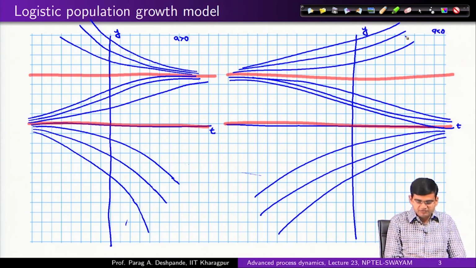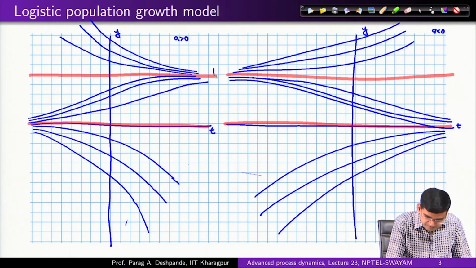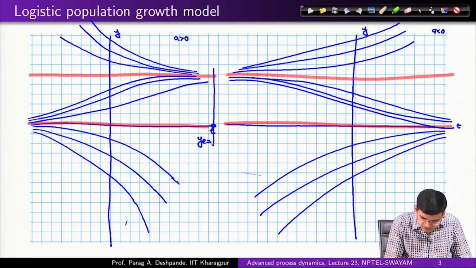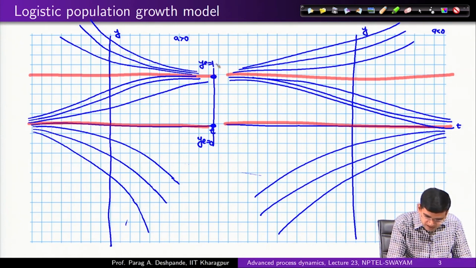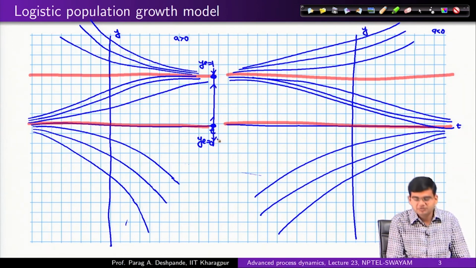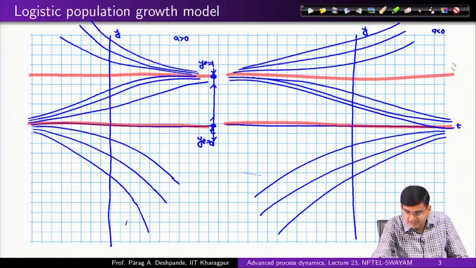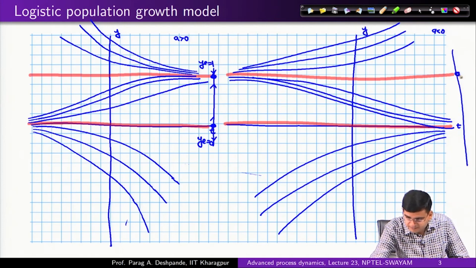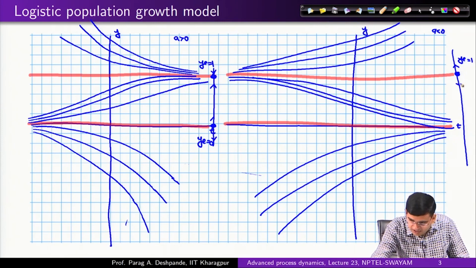And the final thing which I would do is, I know this is y_e equal to 0, this is y_e equal to 1. I know that this is stable, I know this is unstable, and you would see that here y_e equal to 1 will become unstable, and y_e equal to 0 will become stable.